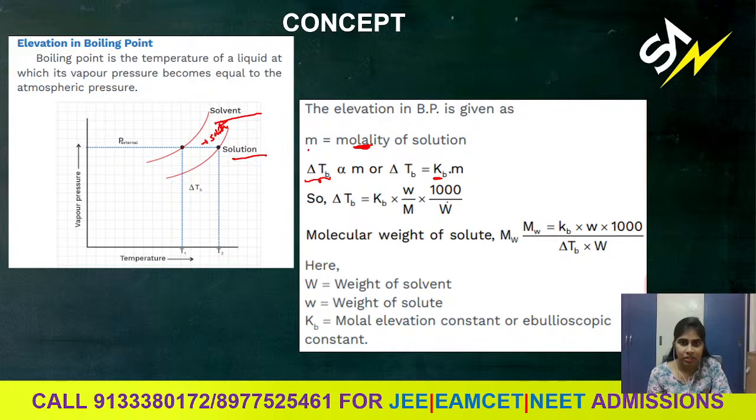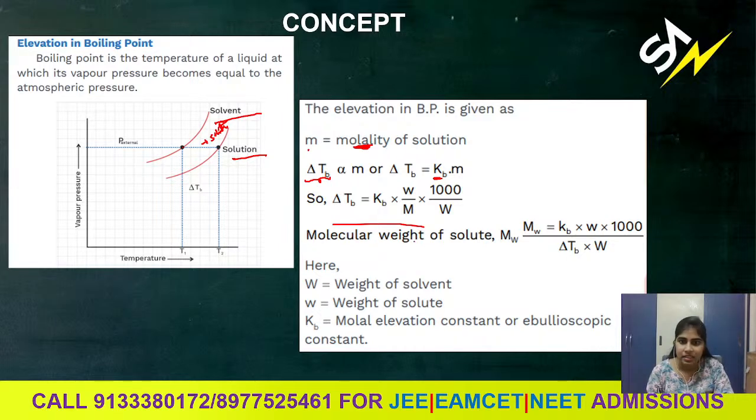Delta Tb is equal to Kb into m, where this constant is known as the molal elevation constant or ebullioscopic constant. Here delta Tb is equal to Kb into w by M into 1000 by W. So this is the formula to calculate elevation in boiling point.